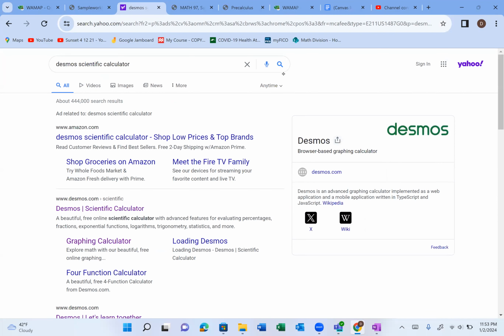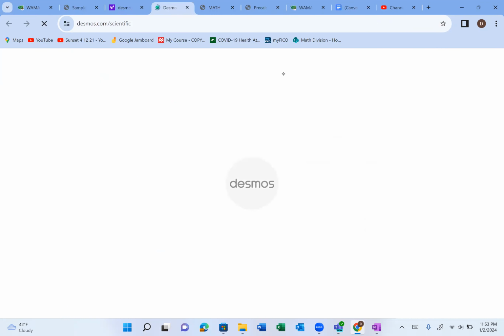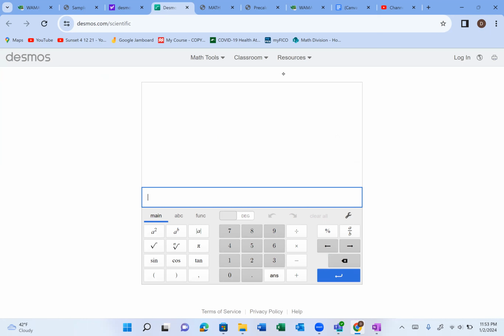Desmos Scientific Calculator has our trig functions on there.